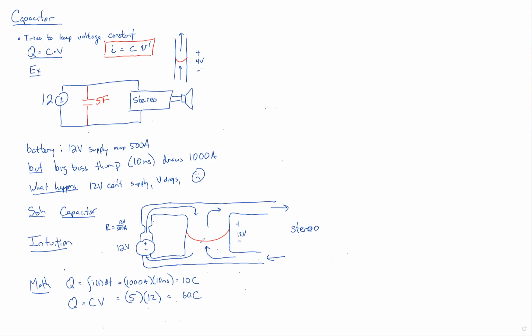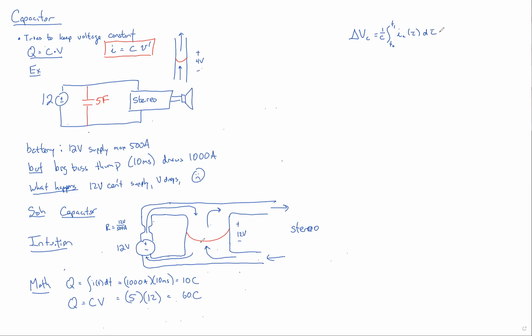Now, for you overachievers who aren't content with that hand-waving explanation, but want to know exactly how much voltage that capacitor will drop in that 10 milliseconds, here's how to figure it out. We know that delta V, the change in voltage across a capacitor between, say, time 0 and time 1, is equal to 1 over C times the current that ran through that capacitor integrated up.